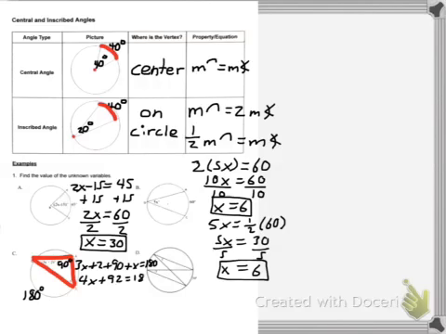That's just combining like terms. I would subtract 92 from both sides. So I would get 4x equals 180 minus 92 is 88. And then I would divide both sides by 4. So my final answer here would be 88 divided by 4, which is 22.